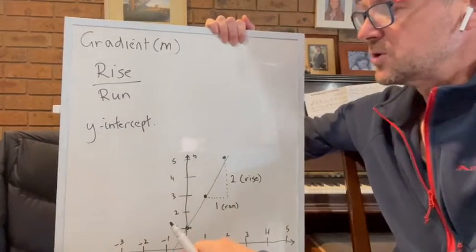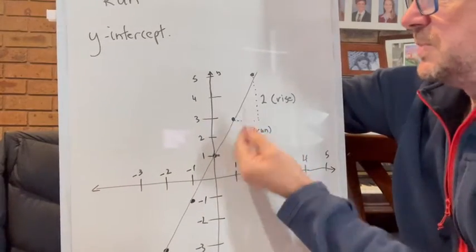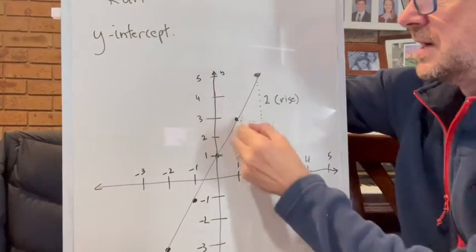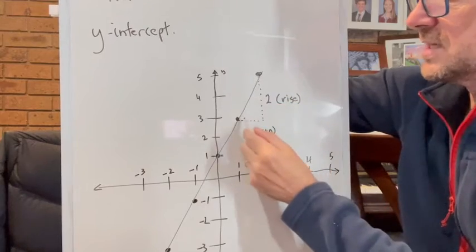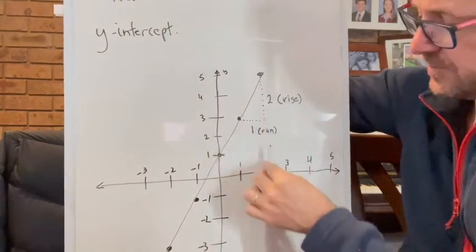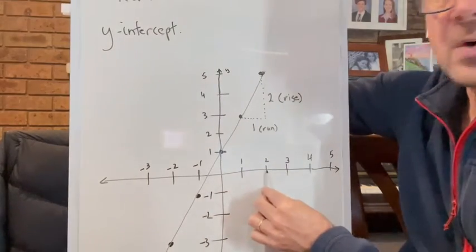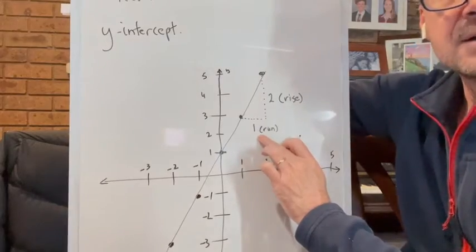So we look at two things. We look at our line, and we pick two points on our line, and we make a triangle like this, and we see how far that distance is from here to the corner. We can see from our Cartesian plane here that it is a section of 1, so it's a run of 1.